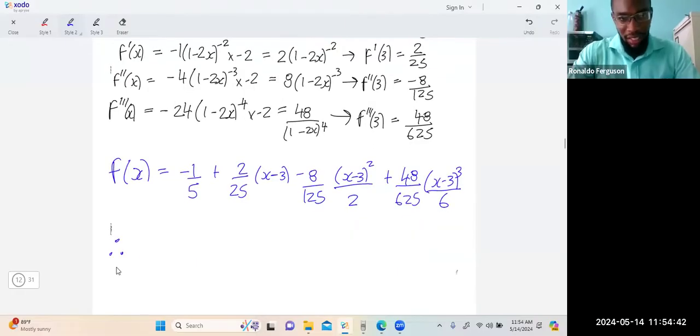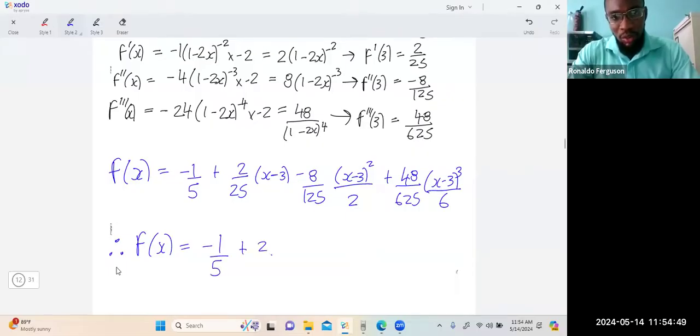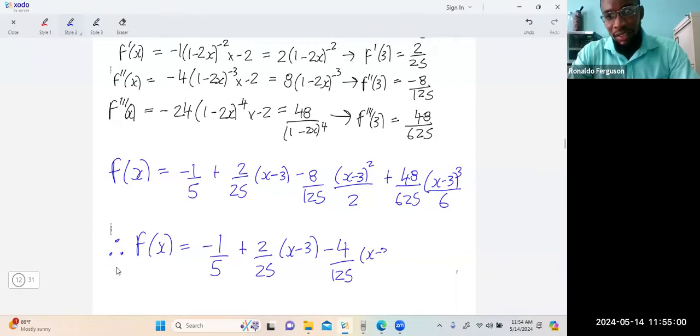So our final answer is f of x equal to negative 1 over 5 plus 2 over 25 bracket x minus 3. 2 into itself 1 time, 2 into 8 4 times, so minus 4 over 125 x minus 3 squared. 6 into itself 1 time, 6 into 48 goes 8 times, so that's 8 over 625 in bracket x minus 3 cubed.